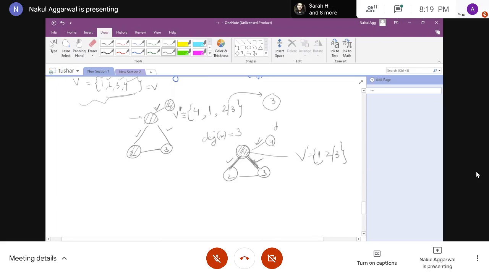Right now the degree of node 4 is just 1, the degree of 3 is 2, the degree of the second node is again 2, but the degree of 1 is 3, because it has the maximum number of edges with it. So it makes sense, because if we include this in V prime, it will automatically cover all those edges. So it makes sense to look at nodes which have higher degree.